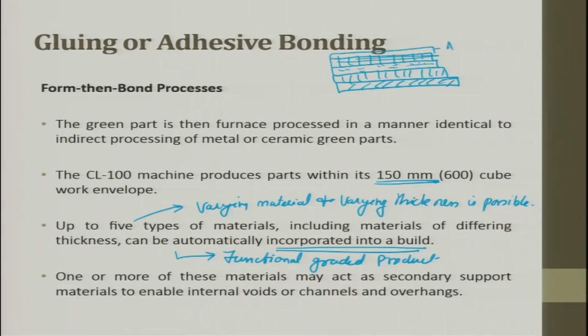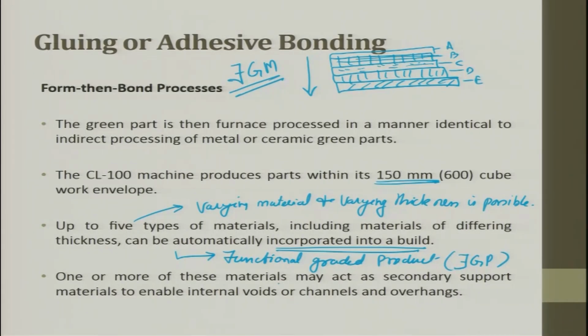So, this is A, B, C, D and E. So, functionally graded materials, FGMs, you can have through this process. These are nothing but functionally graded products.